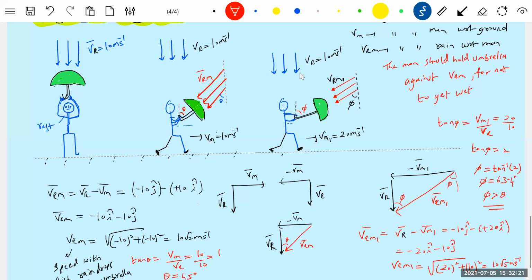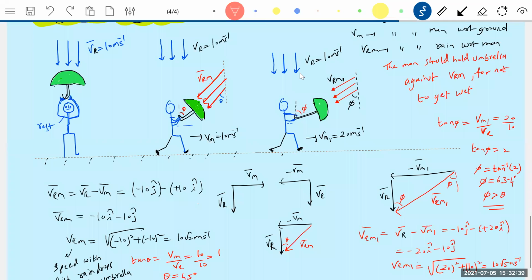Drenched means when heavy rain comes, there we use the word drenching. So technically even that can be used, just be careful. To avoid wetting, the umbrella should be held against the VRM bar.